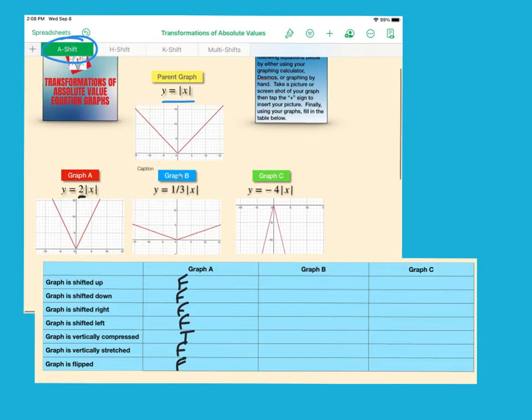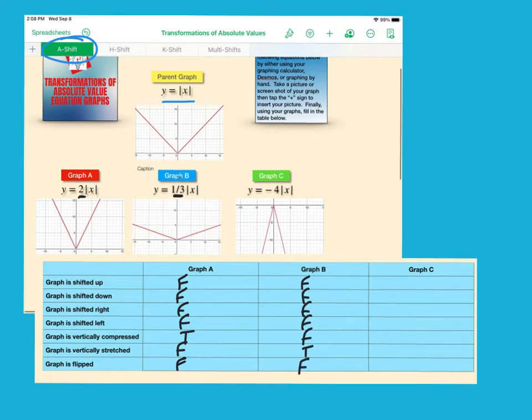Graph B. What has changed about this equation compared to the parent graph? We can see that it's got a 1/3 out front. Okay, so what did 1/3 cause this graph to do? So hopefully you found it didn't go up, did not go down, did not go right, did not go left. It did stretch though. Didn't compress this time, but it stretched.